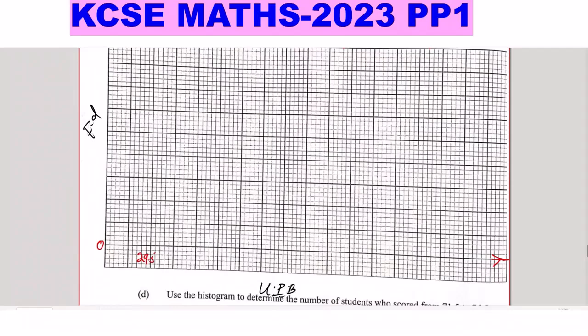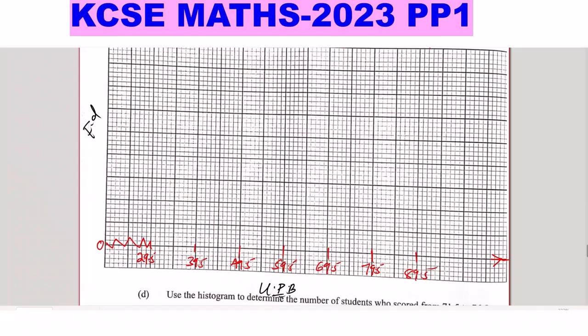And then 39.5, then 49.5, 59.5, 69.5, 79.5, and then lastly 89.5. You can break the scale here, since that is the only place where the scale is not uniform.